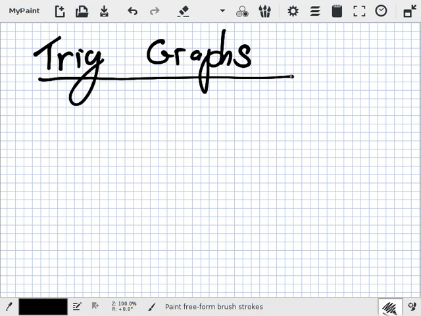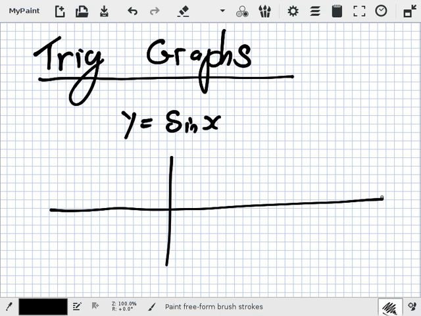So the first graph we'll make is the graph y equals sine x. We can use degrees or radians, it doesn't matter, so let's just use degrees. We'll say that's 360 there, that's 180, that's 90, that's 270, that's 1 and that's minus 1.